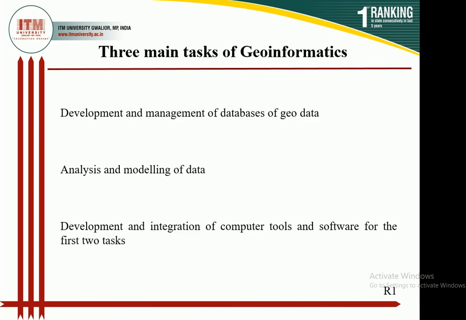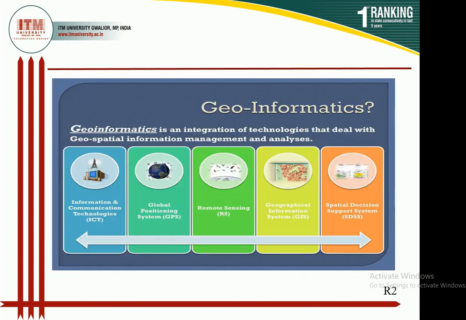After that, there is a model generation process by which the data is processed and converted into a presentable form. Geoinformatics uses various tools like information communication technology, global positioning system, remote sensing, geographical information system, and spatial decision support system.